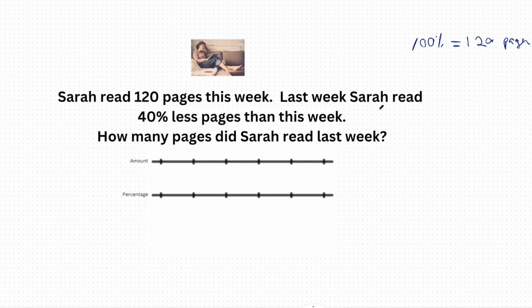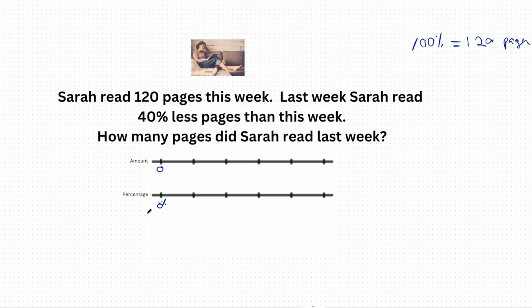So what we need to do is make a double number line where 100% is going to be 120. Again, the first numbers are always 0, so 0% is 0 pages.